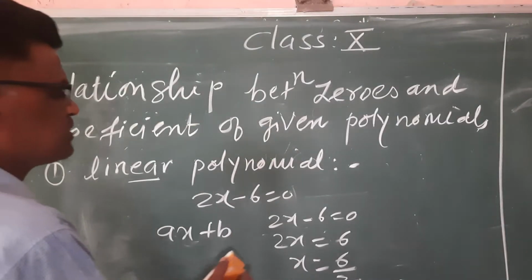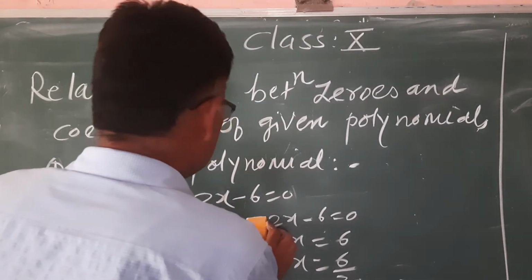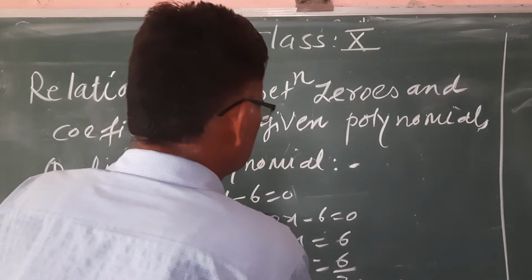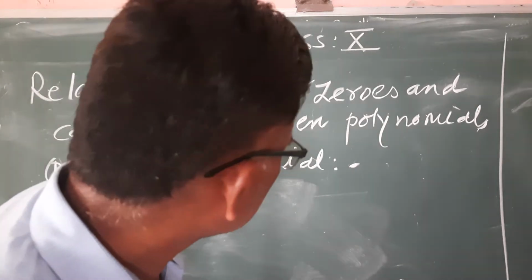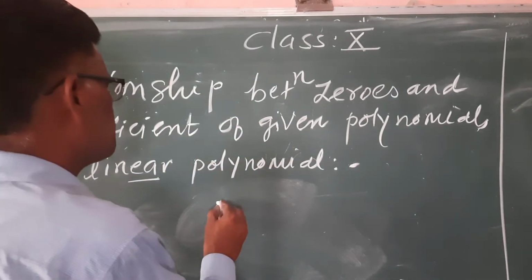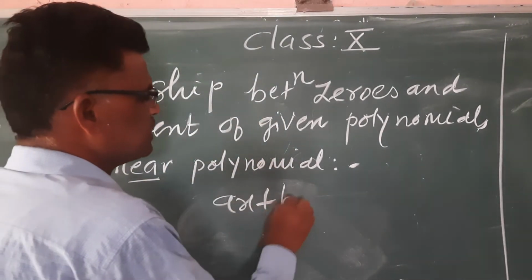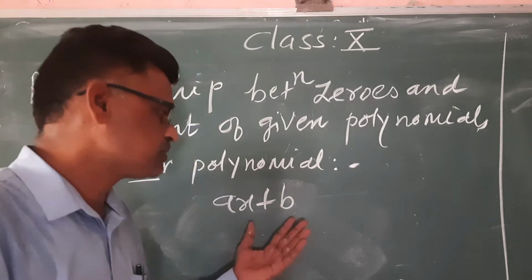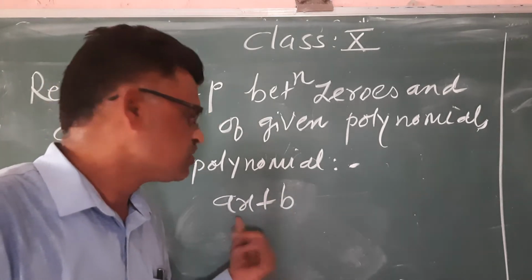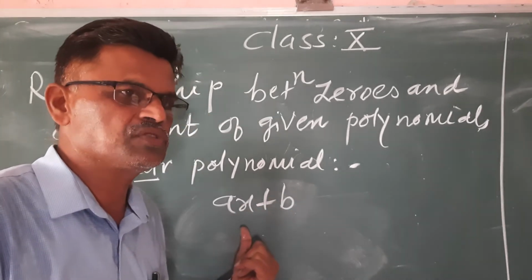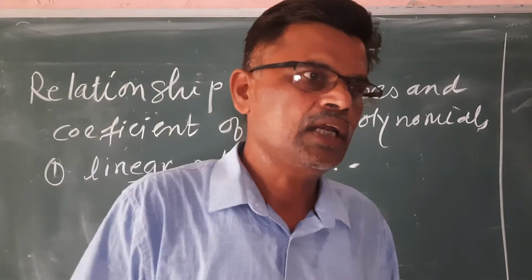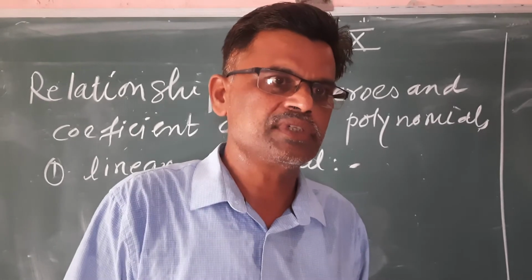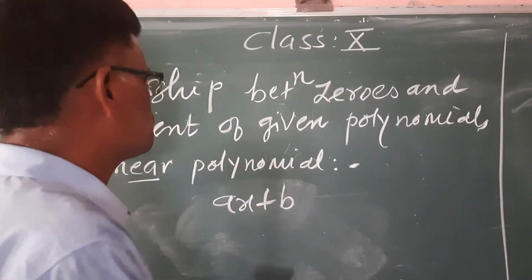We know that in this general form of the polynomial, that is ax plus b, the root or the zero of the polynomial is equal to the ratio of its coefficients. What is the ratio of the coefficients?